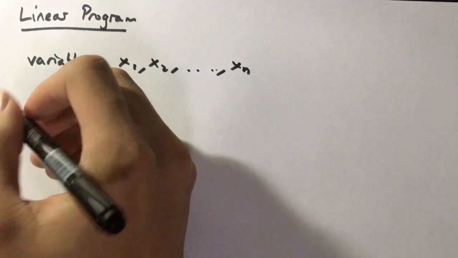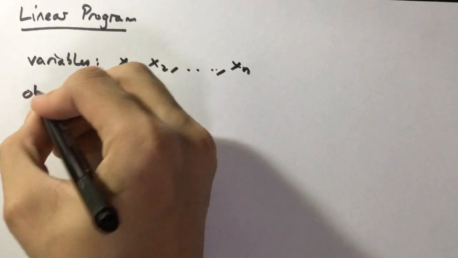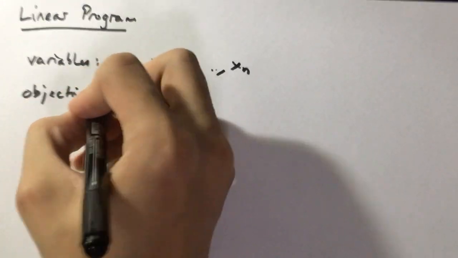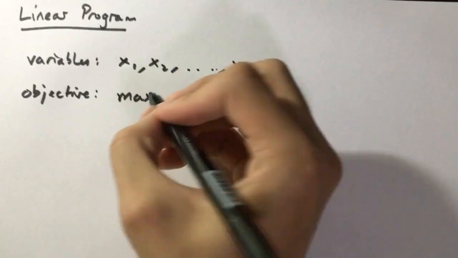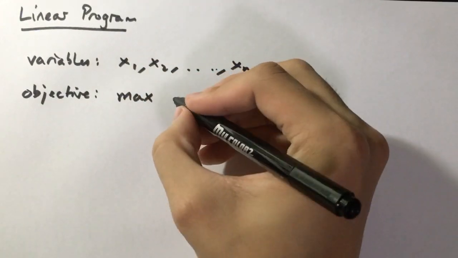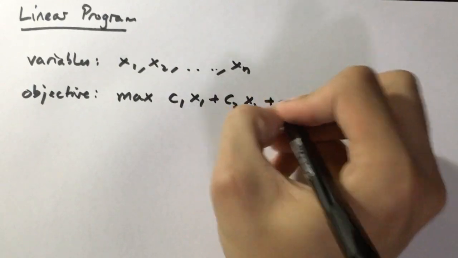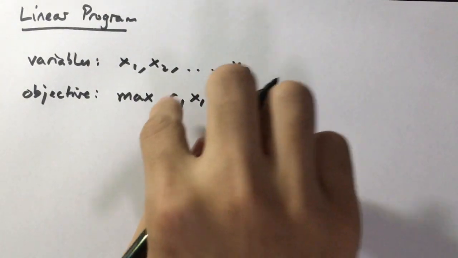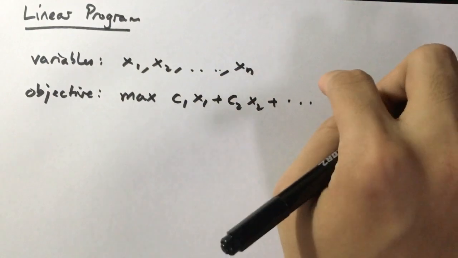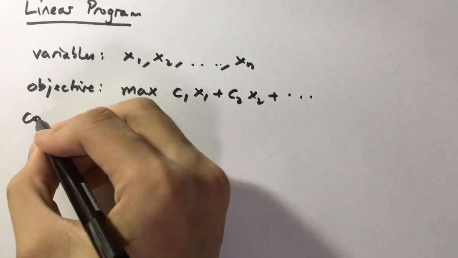Then you have your objective, what you want to do, right? In this case, you want to maximize some expression c1 x1 plus c2 x2 plus so on, just a linear combination of these variables. Of course, again, you need to have some constraints.